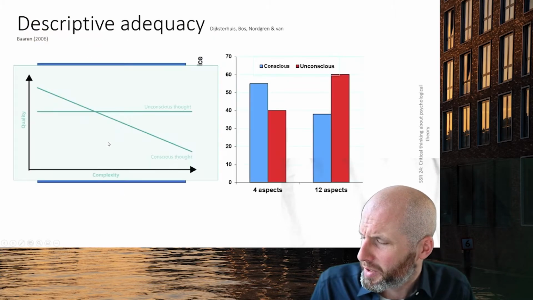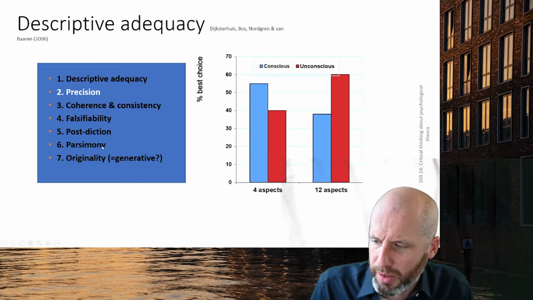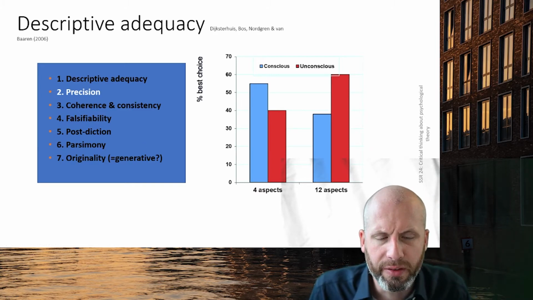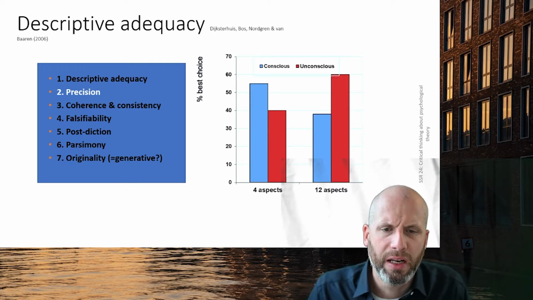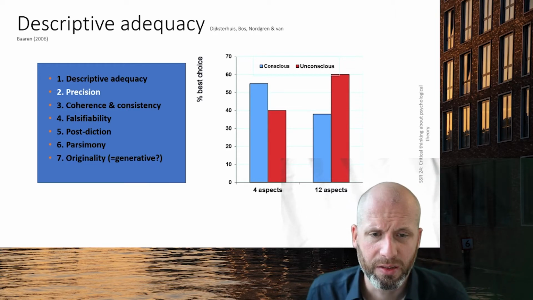And in terms of precision, we mean that you can have a very general broad theory, right? We talked about the representativeness heuristic in the previous part of the lecture, and I mentioned that that's not a very specific or precise way of predicting outcomes.